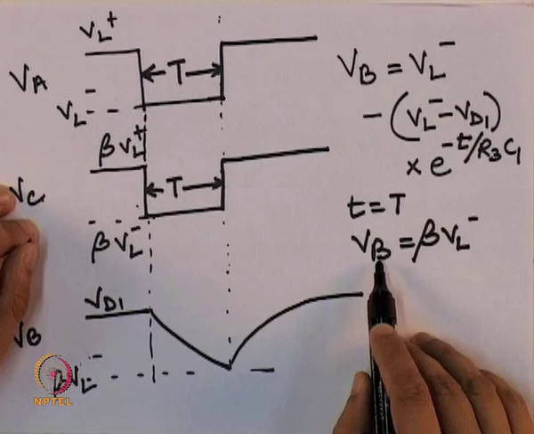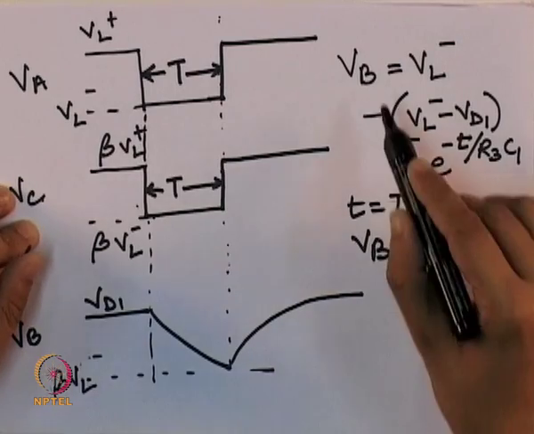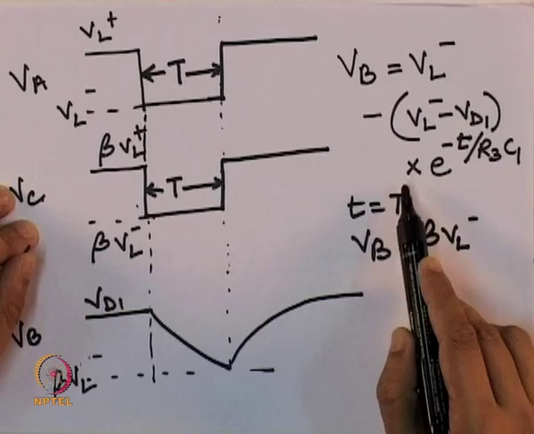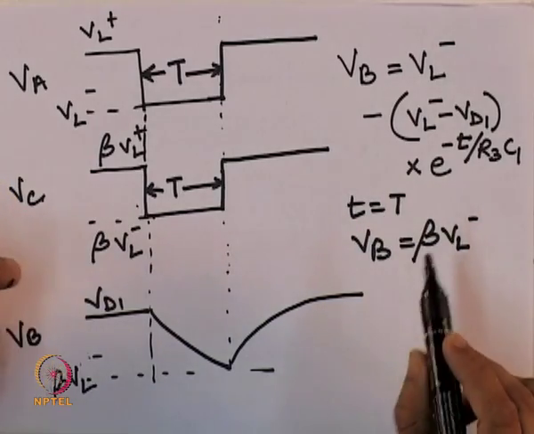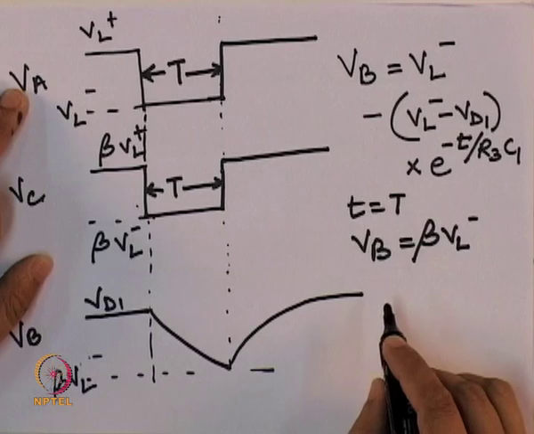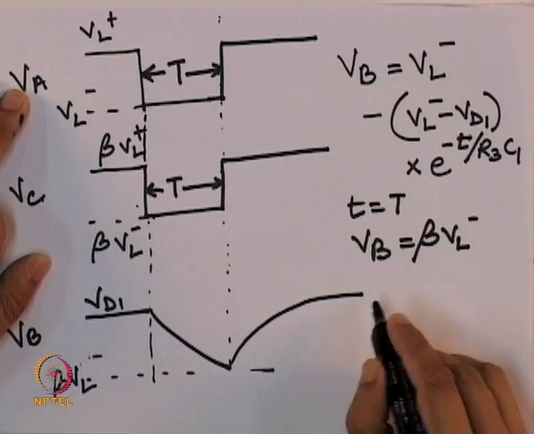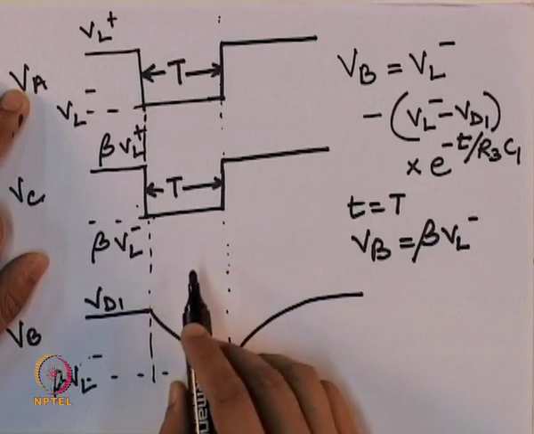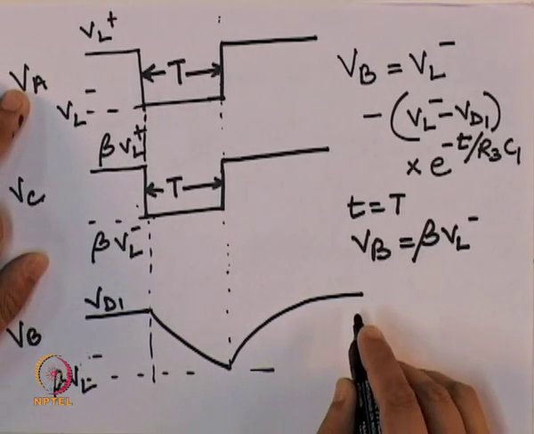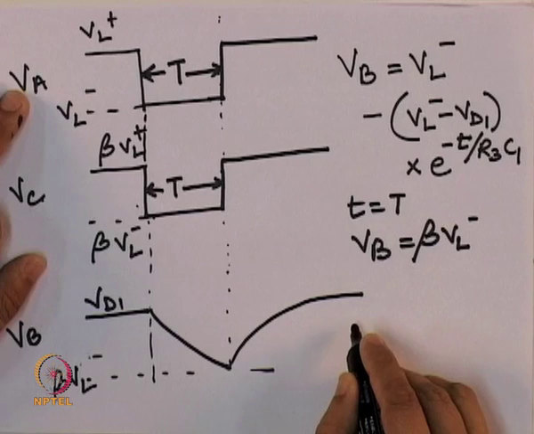If we substitute this value of VB into this equation and solve for this capital T, we will get an expression for the total time taken for the negative pulse.